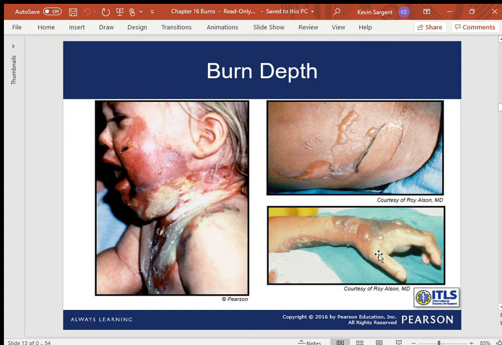Okay, burn depth. When we look at these here, we see the second-degree burn here. We also see here some second-degree. We see here some first, and we see some full thickness burns and whatnot. Always keep in mind that burns, like I said, are very debilitating.